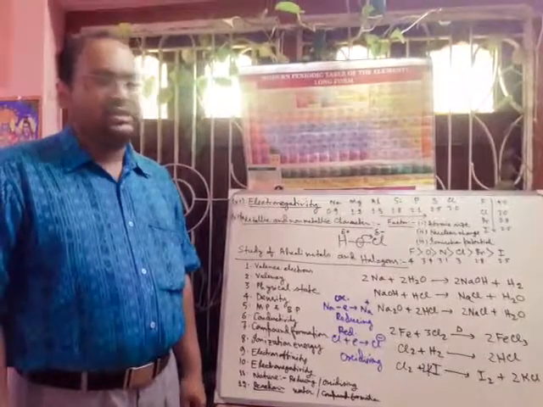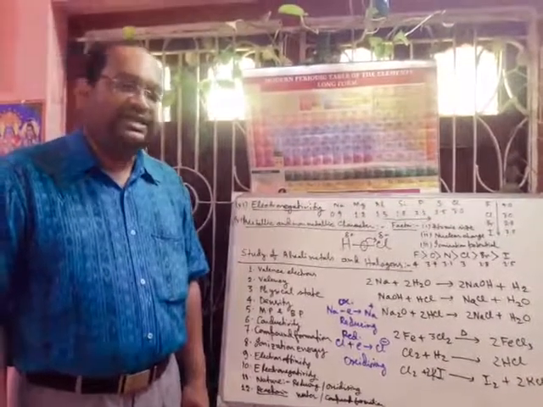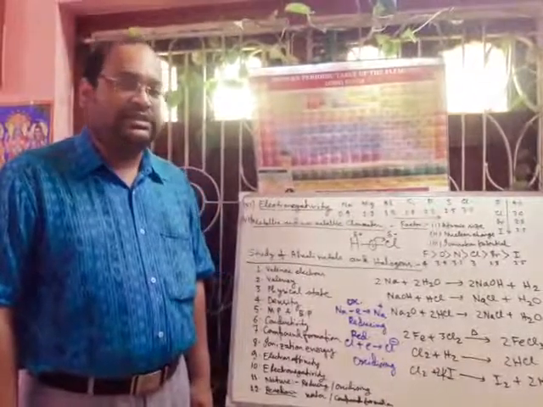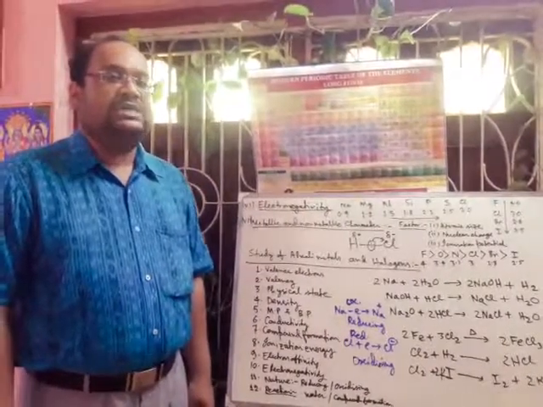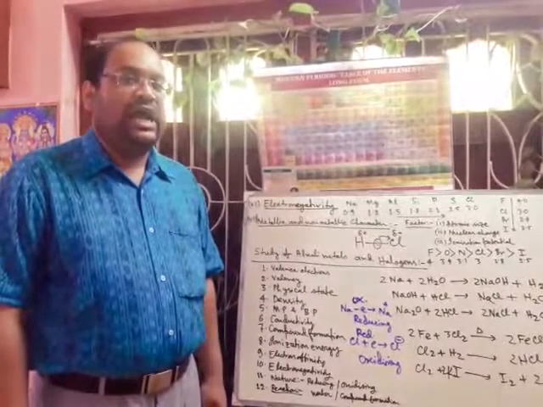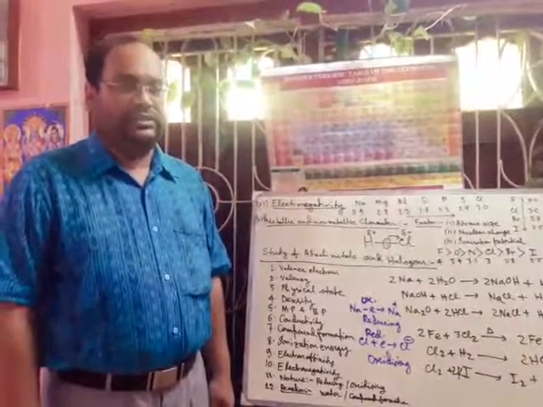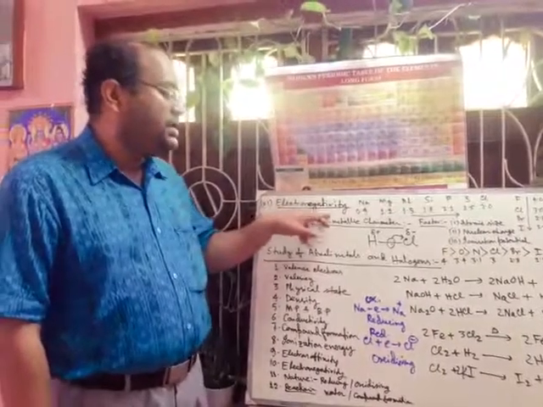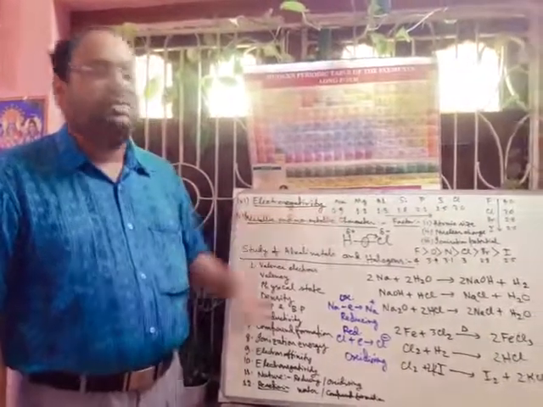Next, nuclear charge. If we increase the nuclear charge, the electronegativity will increase as the size decreases and the attraction force increases. Now we discuss the variation of electronegativity in a period or in a group in the periodic table.